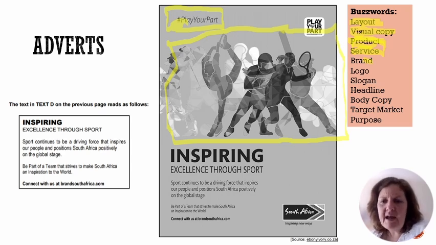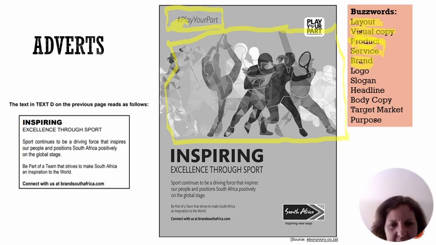Then the brand. What particular brand are we talking about? Now, if it was a product, we'd look at a brand like Nike or McDonald's or something along those lines. In this advert over here, brand South Africa. So I don't know if this has something to do with tourism or sport, but it's an idea of representing your country. Do you see that?